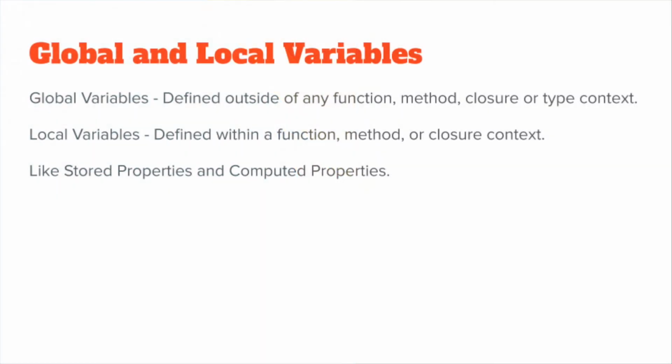Let's check what global and local variables are. The capabilities of computing and observing properties are also available to global and local variables. Global variables are variables that are defined outside of any function, method, closure, or type context. Local variables are variables that are defined within a function, method, or closure context.